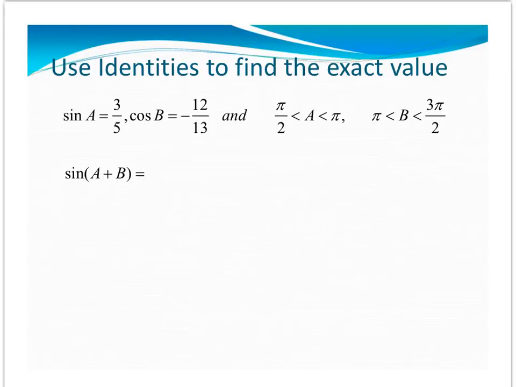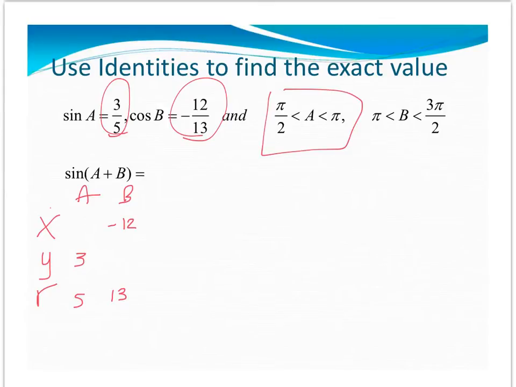Alright, so here we have two different angles, angle A and B. What we talked about in class is first finding the XYR values for these two angles. So for angle A, if we know that sine is 3/5, then that tells me that my Y value is 3 and my R value is 5. For angle B, we know that cosine is negative 12/13, so X is negative 12, R is 13.